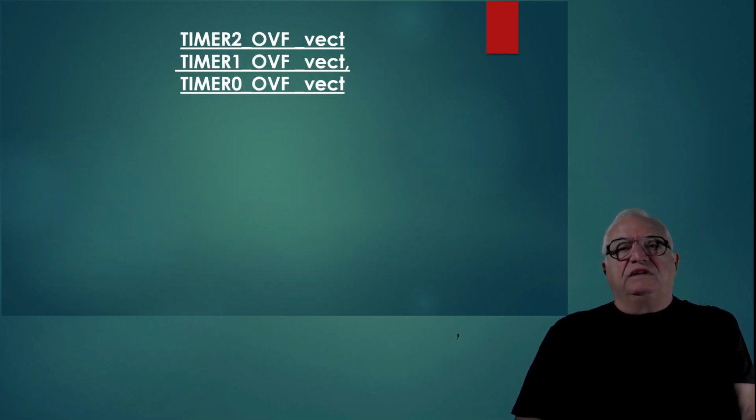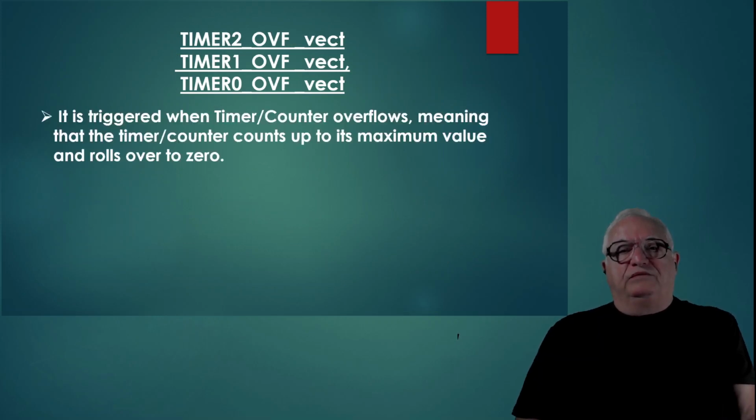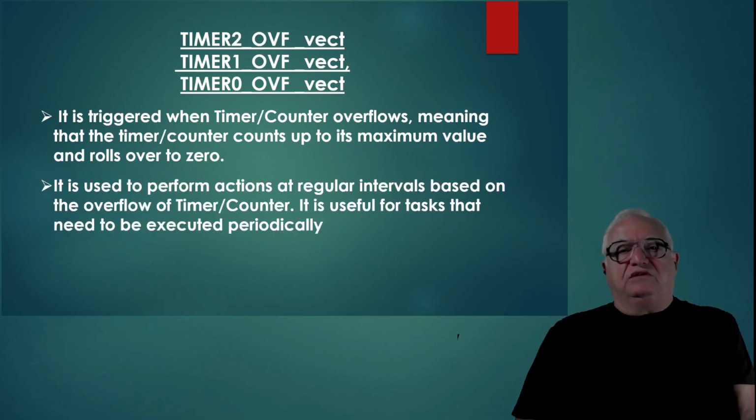Now here we have the timer 0, 1, 2 overflow. It is triggered when the timer counter overflows, meaning that the timer counter counts up to its maximum value and rolls over to 0. So you put a value on your timer, how far it's supposed to count, and when it gets to the end and rolls over, that triggers an interrupt.